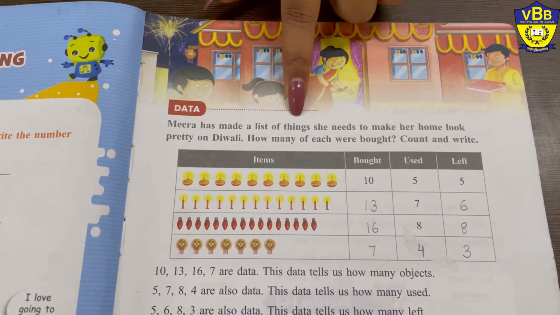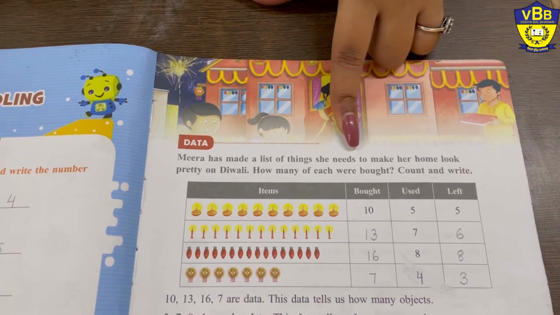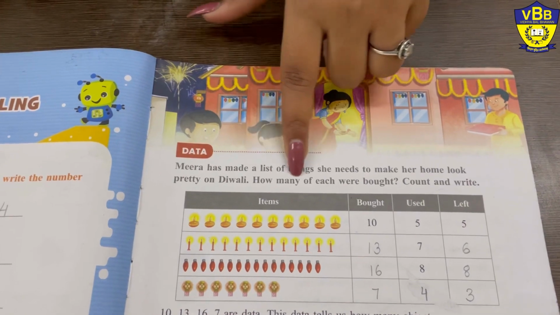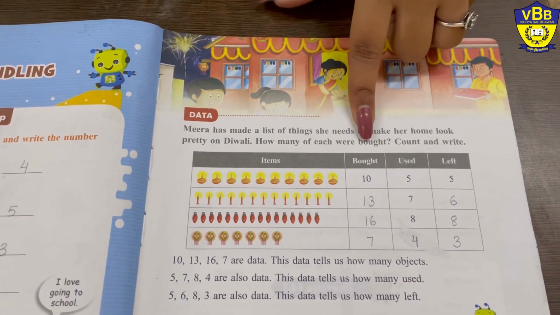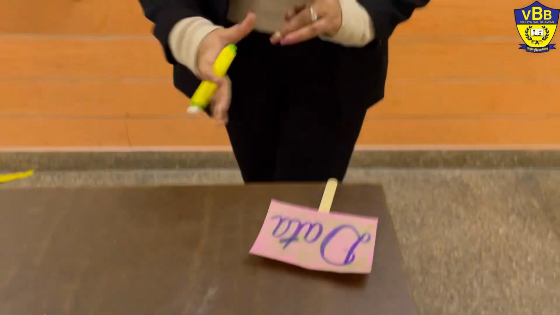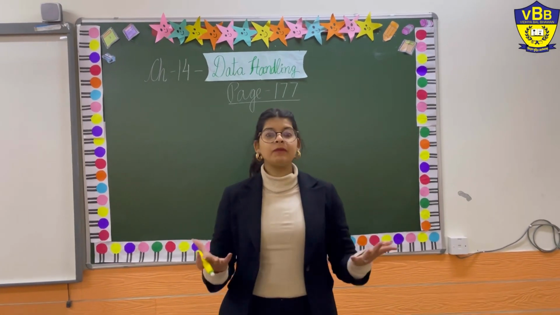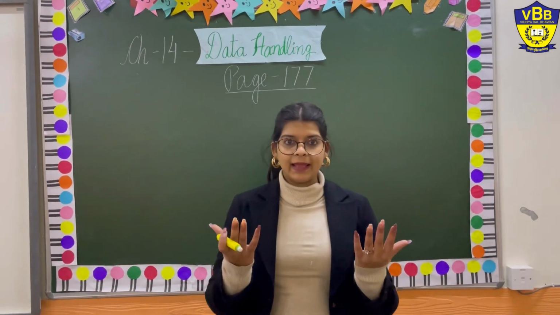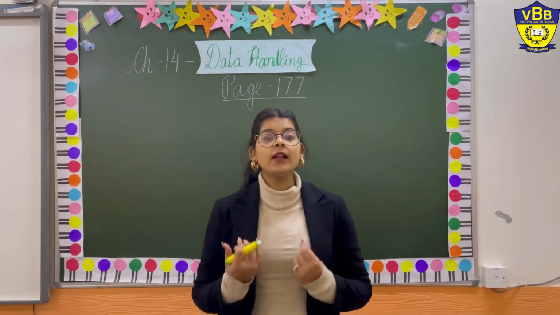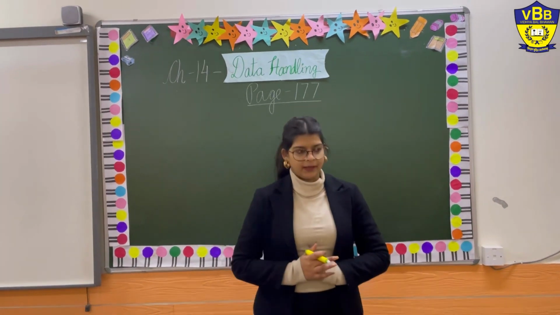Meera is making a list of things that she wants to use in her decoration in Diwali. How many of each were bought? Count and write. As you all know, when we count the things and write them in one table, that is called data. So on that basis, we are going to do this question today.